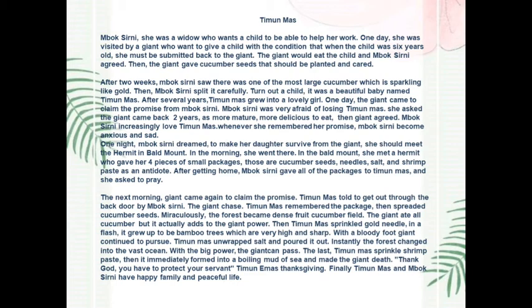Orientasi ini merupakan pembuka dari paragraf di mana karakter mulai diperkenalkan, seperti Mbok Sirni, The Giant, and Timun Mas. And the second paragraph and the third paragraph is complication, where the problems in the story develop. Di paragraf kedua dan ketiga, masalah sudah mulai muncul di bagian komplikasi.